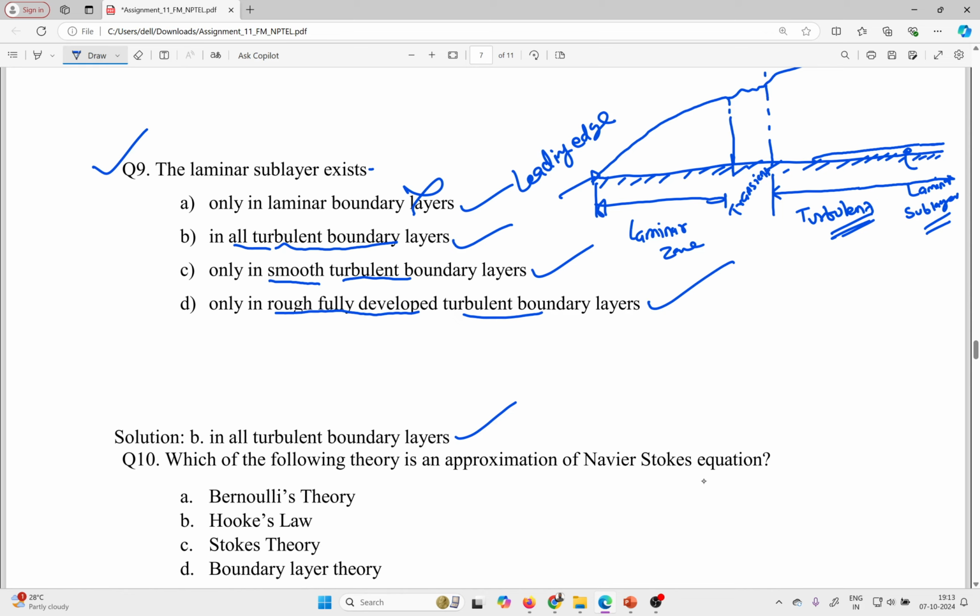Next question is question number 10: which of the following theories is an approximation of the Navier-Stokes equation? Bernoulli's theorem, Hooke's law, Stokes law, boundary layer theory. The approximation of the Navier-Stokes equation.